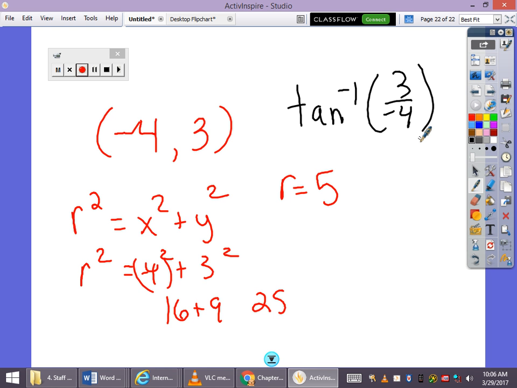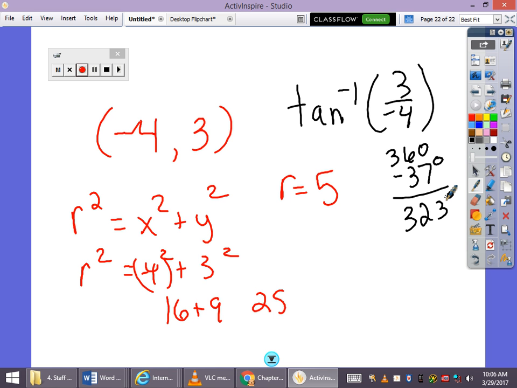Let's double check that. All right, second tan. 3 divided by negative 4 is negative 37 degrees. Okay, so hold on. So negative 37 degrees, 360 minus 37 is 323. Yes?